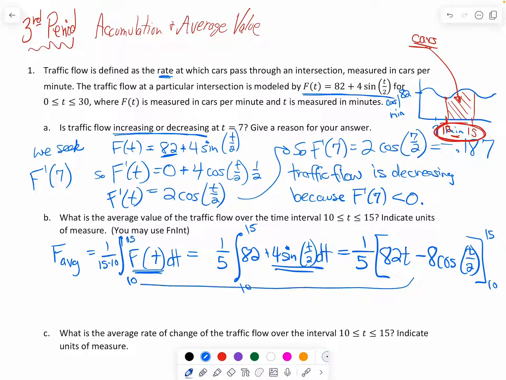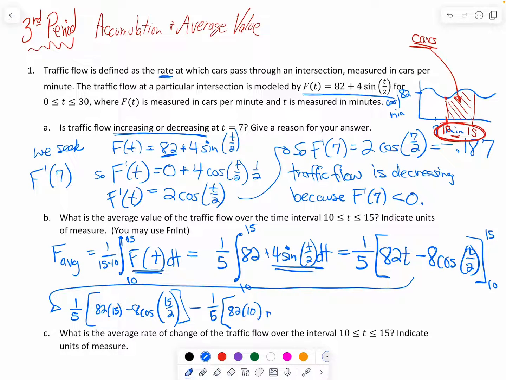All right, I'll keep doing it the long way here. That means it's 1/5 times 82 times 15 minus 8 cosine 15 over 2, minus 1/5 times 82 times 10, plus, why is that a plus?